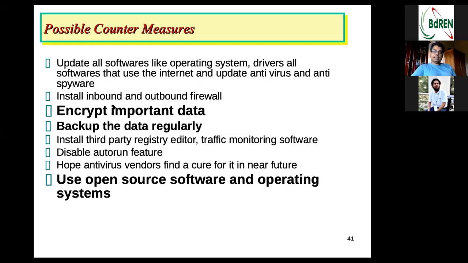The other thing is, if you have confidential data, you can keep it encrypted. Especially when ransomware comes, it sees the encrypted data and cannot understand what kind of data it is, so it cannot access the data to encrypt it. Before they encrypt it, you encrypt it.